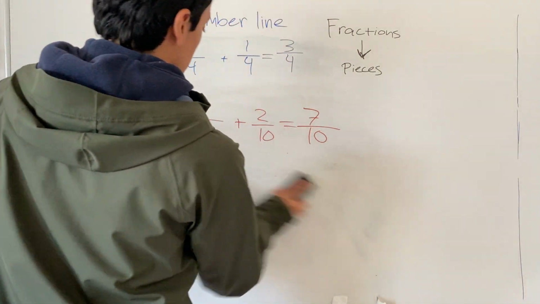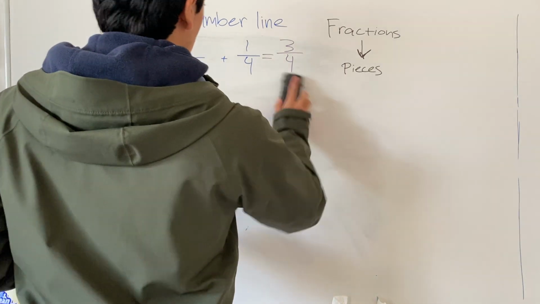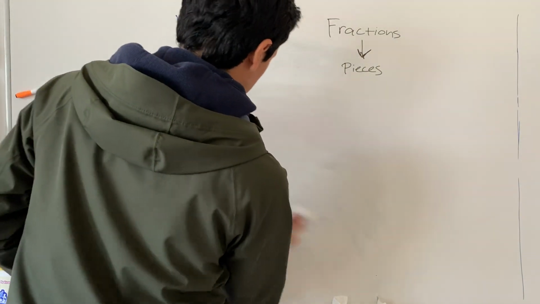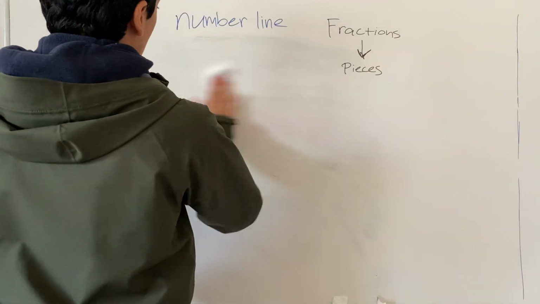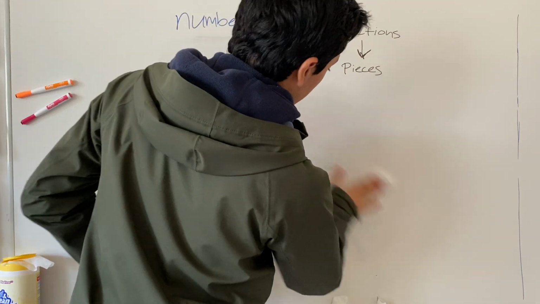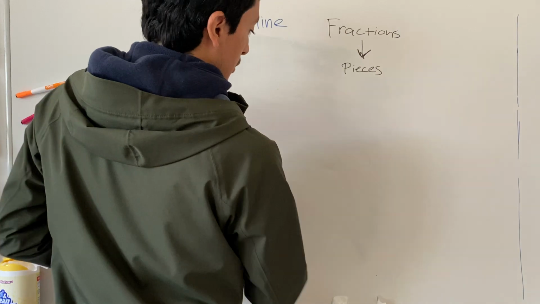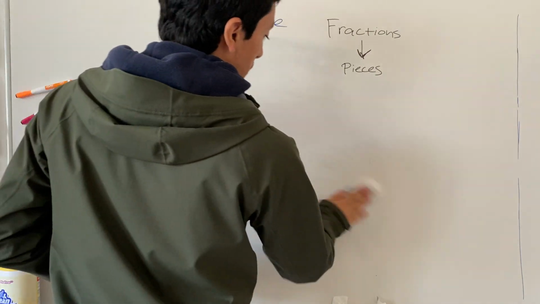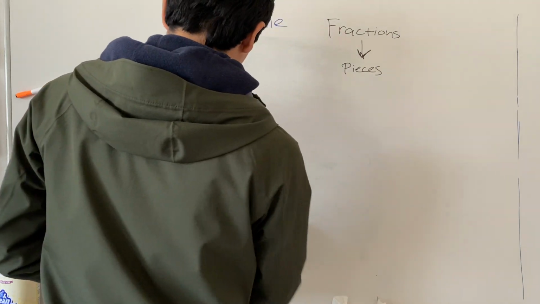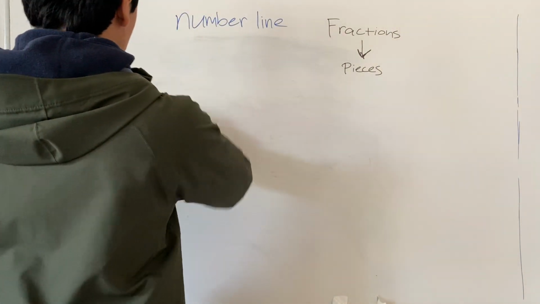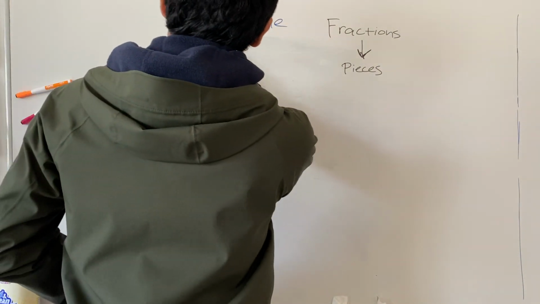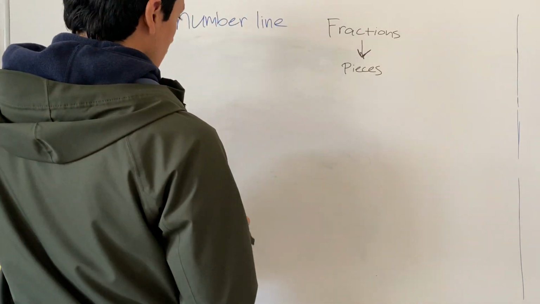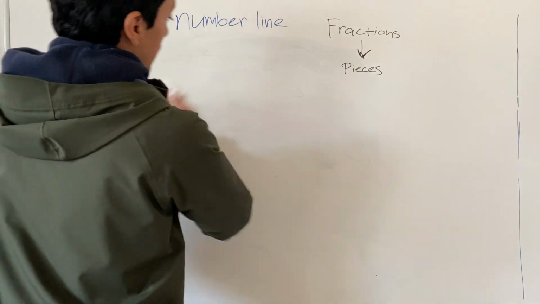So let's try a more challenging problem, where a number line is definitely going to be useful. Because so far, the problems that we've been doing, you can easily solve them mentally. But let's try one now that a number line will really help us out.